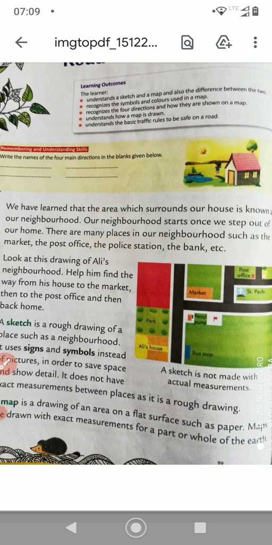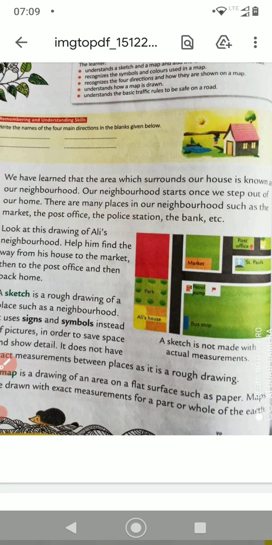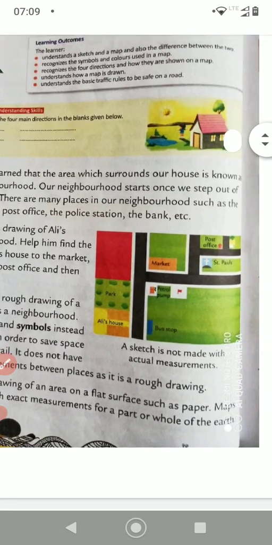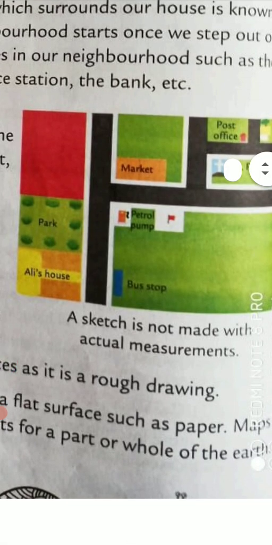Look at this drawing of Ali's neighborhood. Help him to find the way from his house to the market, then to the post office, and then back home. So this is Ali's house.